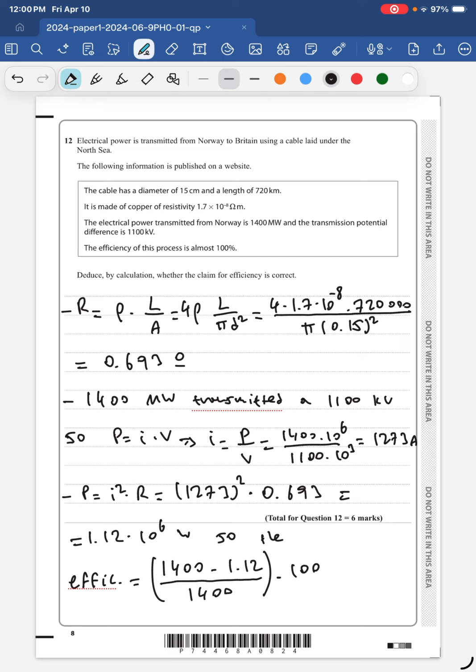So from those 1400, we lose 1.12 due to the cable having some resistance. Therefore, if we perform the calculation, we find 99.9%. Okay, so that's remarkably efficient. So the information on the website is correct. I put a tick there, meaning that the claim is correct.